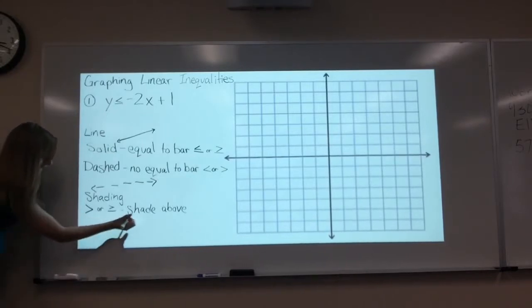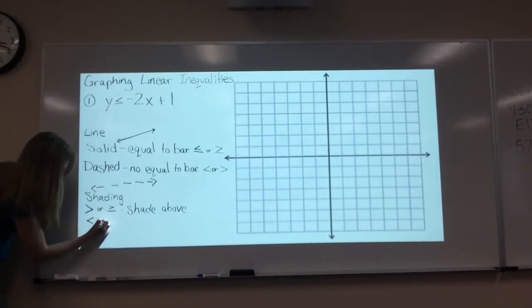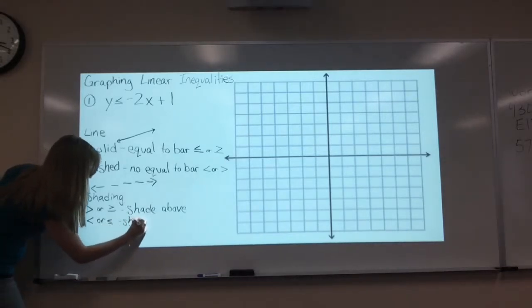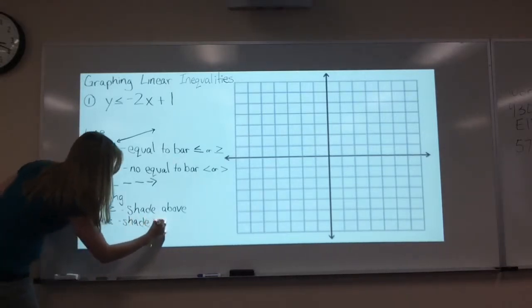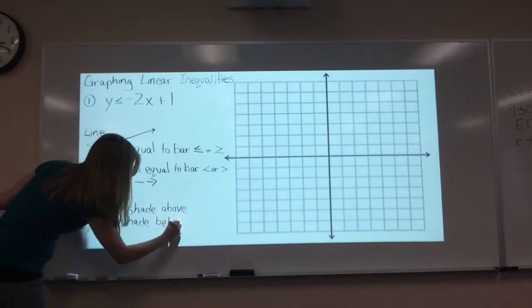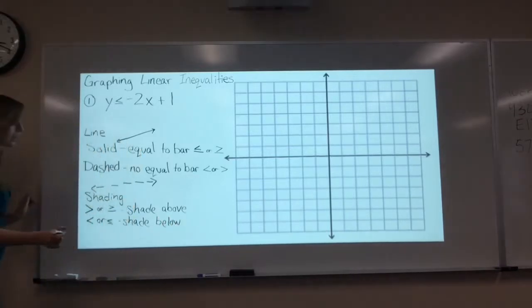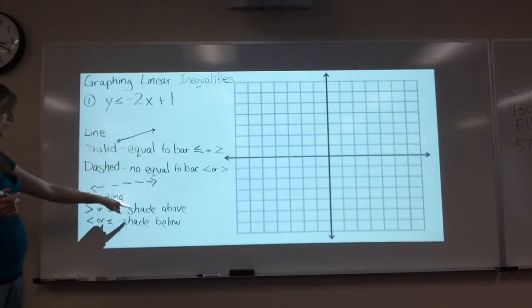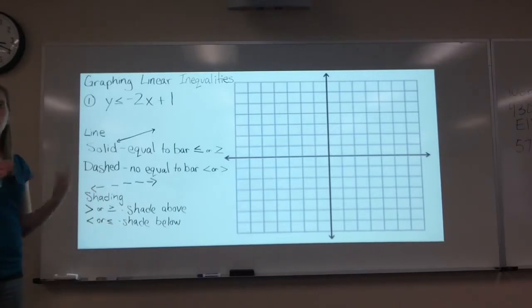If you have a less than or a less than or equal to sign, you will shade below the line. And again, this will make more sense when we actually do a problem, okay? So two differences. We have to draw different types of lines, either solid or dashed, and our shading. We'll shade above or below the line depending on what the inequality is, okay?